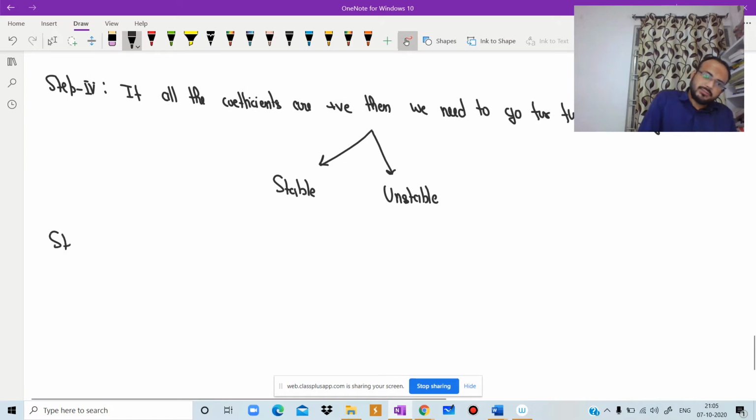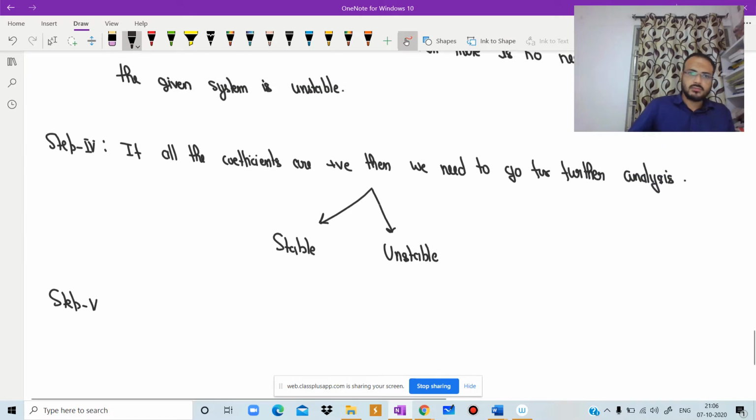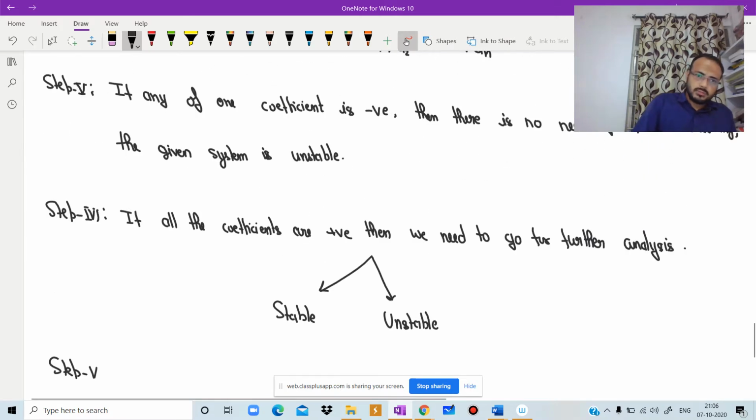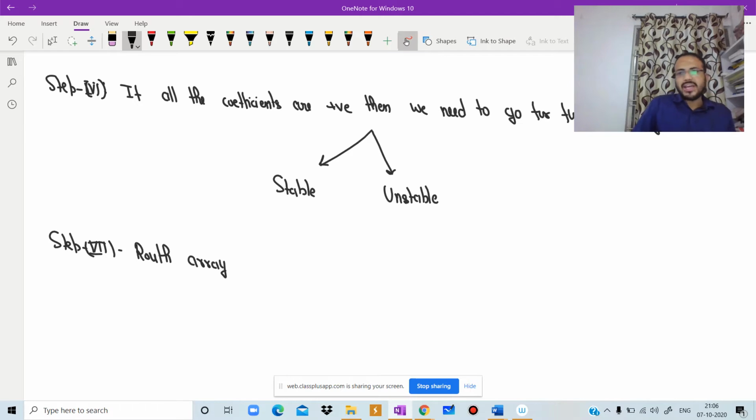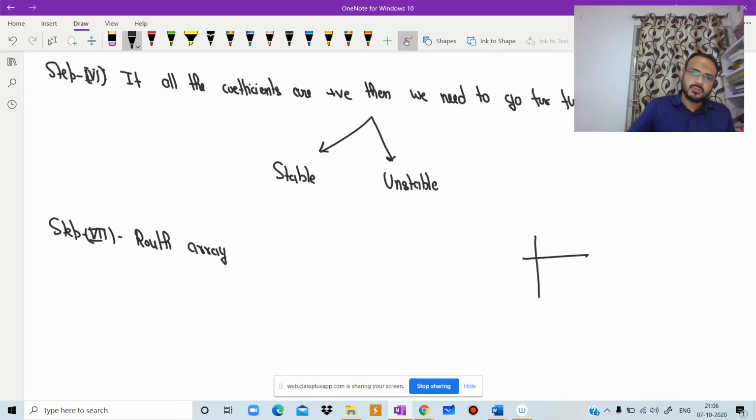Now step 7. Make the Routh array. As we know, as we go in this direction, this is row, and as we go in this direction, this is column.